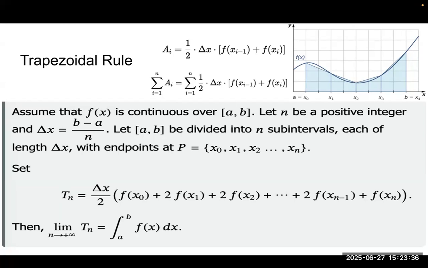Trapezoidal rule is another method from which we can find the approximate area for the integration. For this, we need to draw trapezoids, just like rectangles.